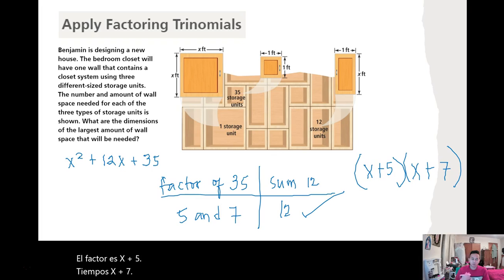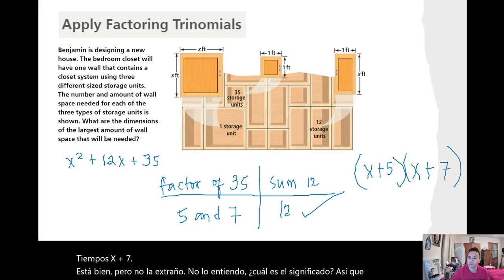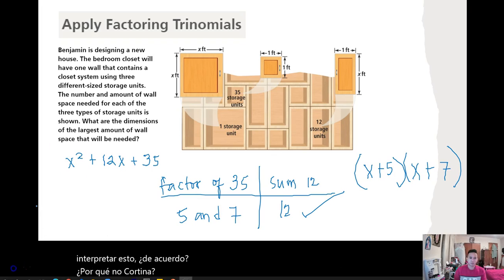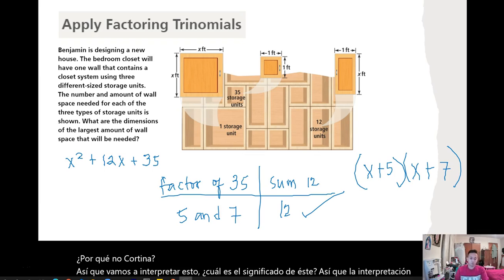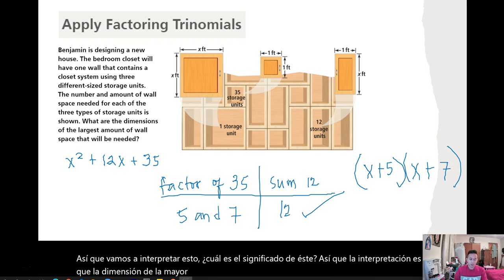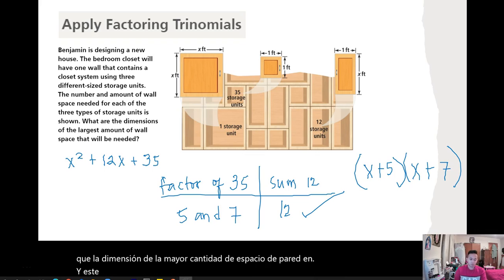Okay, but what's the meaning? So we're going to interpret this one. The interpretation is that the dimensions of the largest amount of wall space needed in this situation are x plus 7 feet by x plus 5 feet.